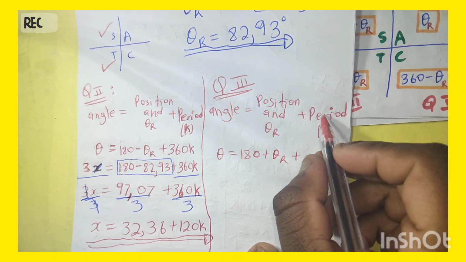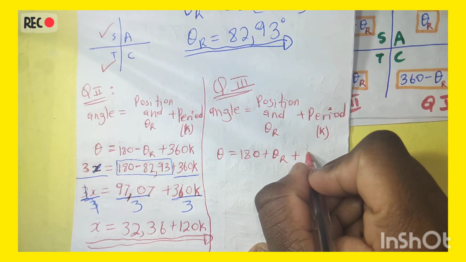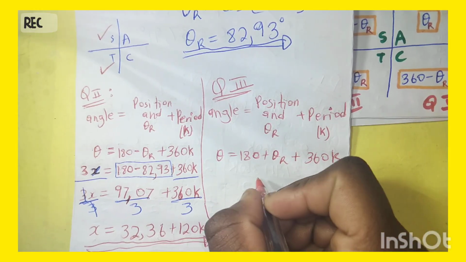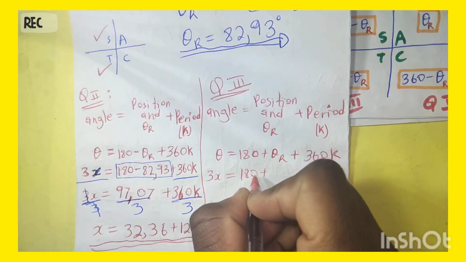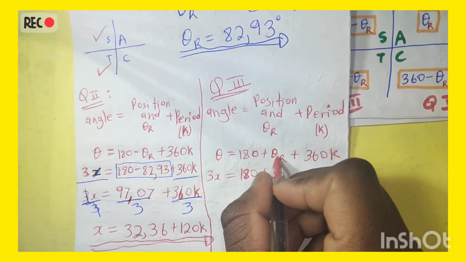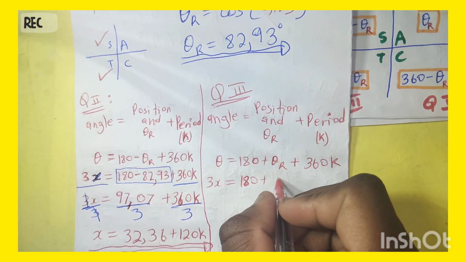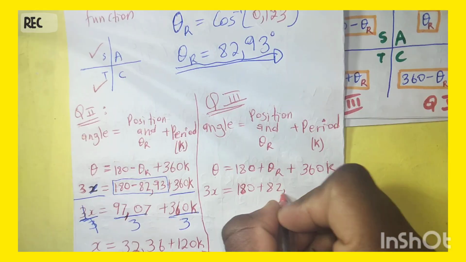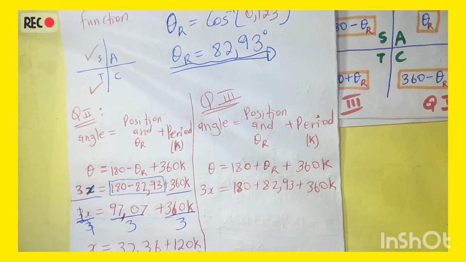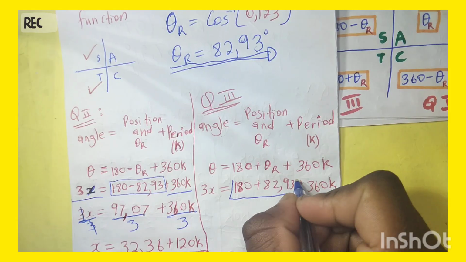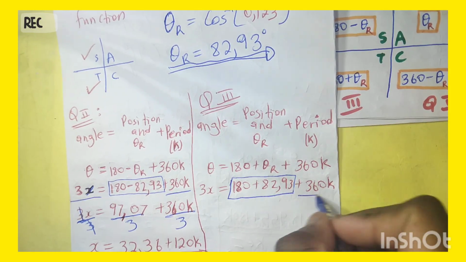Meaning this thing there, it's a period, that's 360k. Now let's substitute the angle, guys, is this one, and say 180 plus, which is now our reference angle. We got it there, that's 82.93 plus 360k. And all of this one, guys, I can just simplify it using my calculator.